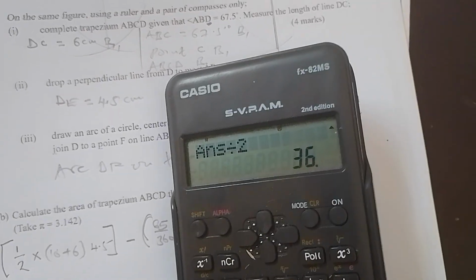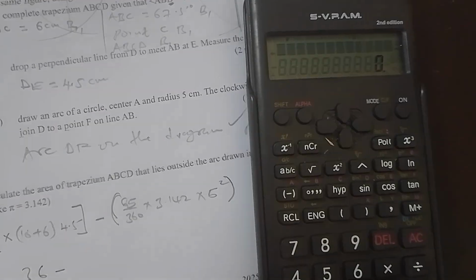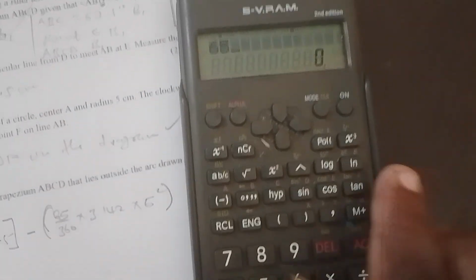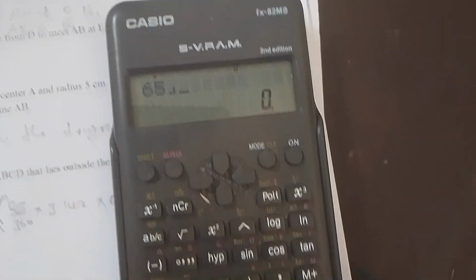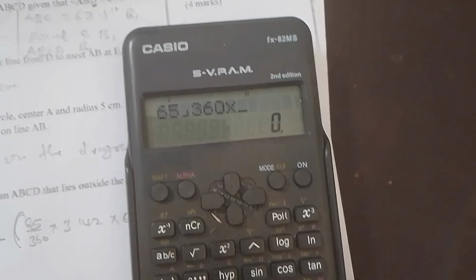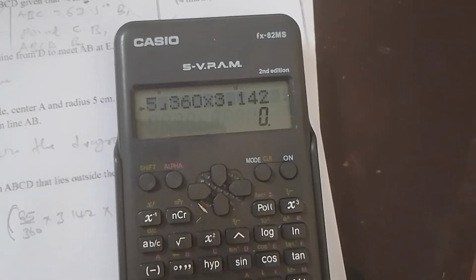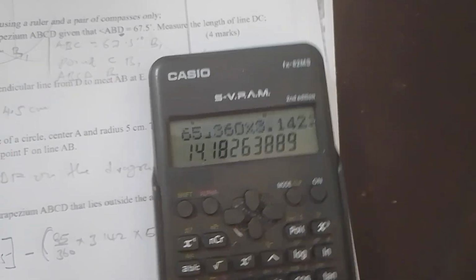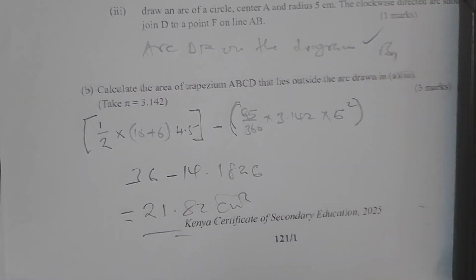And on this side, 65 over 360 times 3.142 times 25 gives us 14.1826. If we subtract, we get 21.82 square centimeters. So this is the area of the trapezium that lies outside the arc.